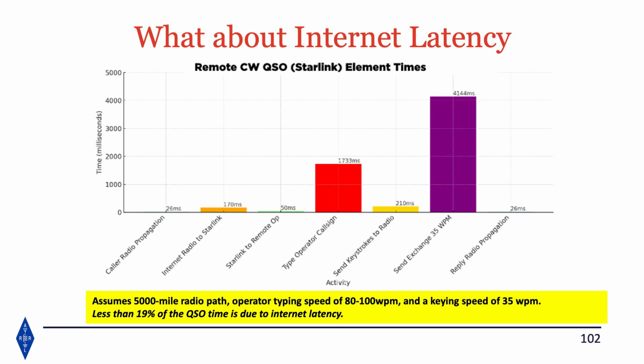Then the operator has to type the call sign, and assuming a typing speed of 80 or 100 words a minute, just typing the call sign takes 1,733 milliseconds for the average call sign. Then you have to send the keystrokes to the radio, which is the N1MM command, and on that the delay is 210 milliseconds. And then there's the reply radio time.